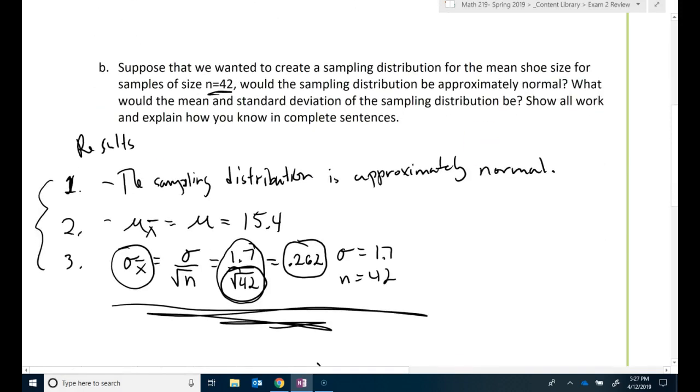The results then are the sampling distribution is approximately normal, the mean of the distribution is the same as the mean for the population, and the standard deviation is going to equal the standard deviation for the population divided by the square root of n. So as n gets bigger, our standard deviation ends up getting smaller. That's going to come in really important when we do confidence intervals.